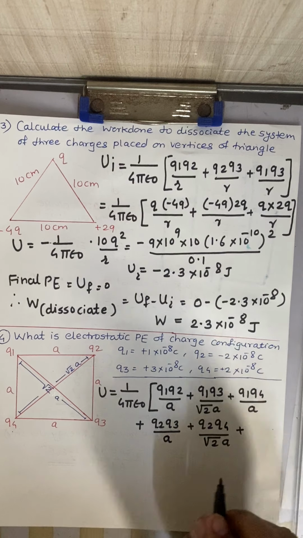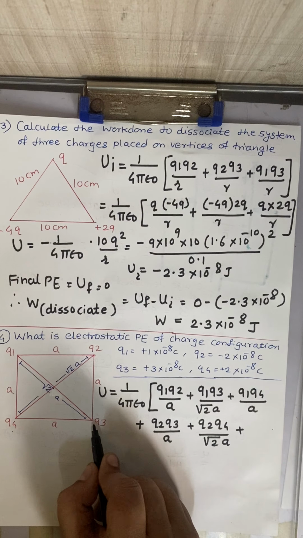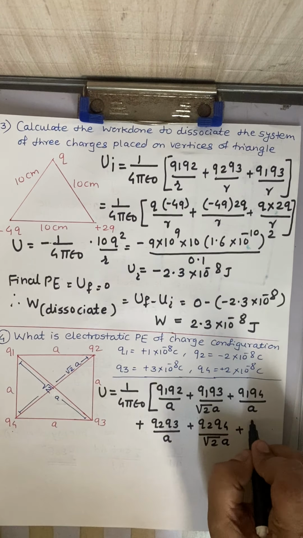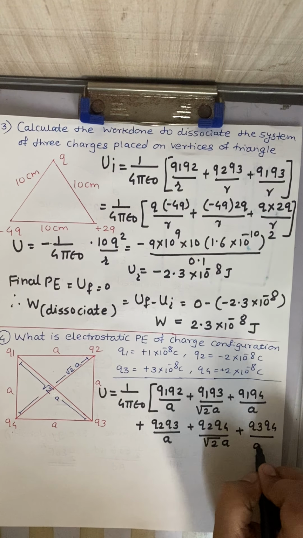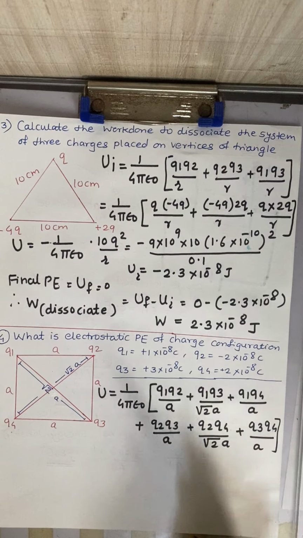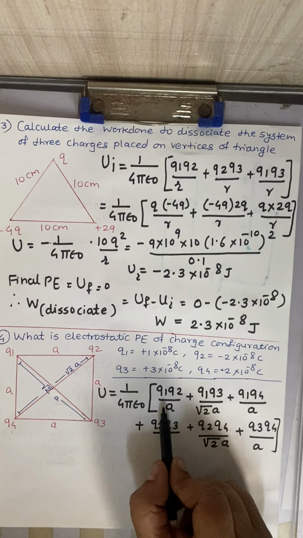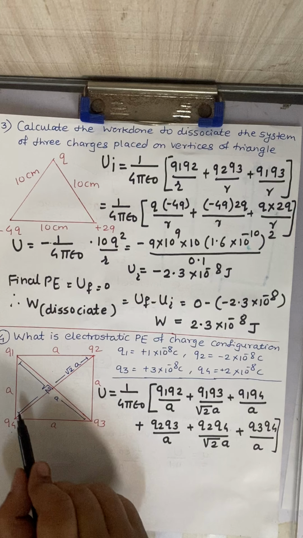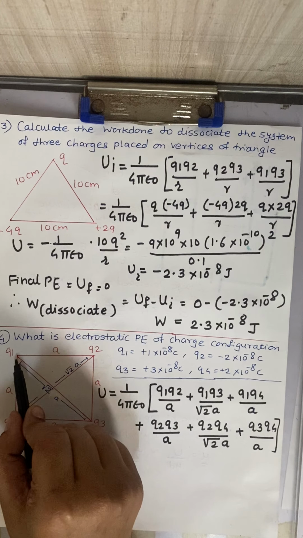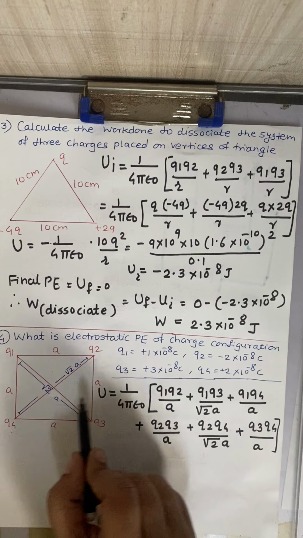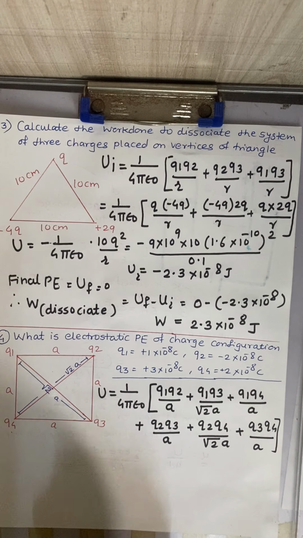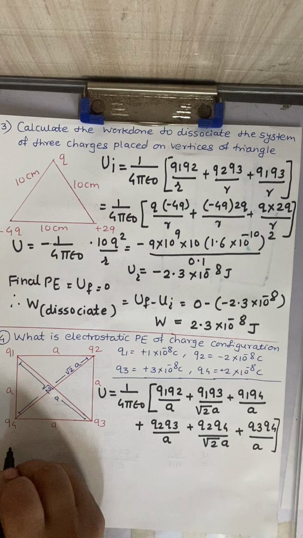And the last one that remains is q3 and q4, which are separated by distance a. Now you can see that in this complete calculation we have considered each and every charge with respect to the other three charges, and how the electric energy can be studied. Okay, so now we are going to put the values here.